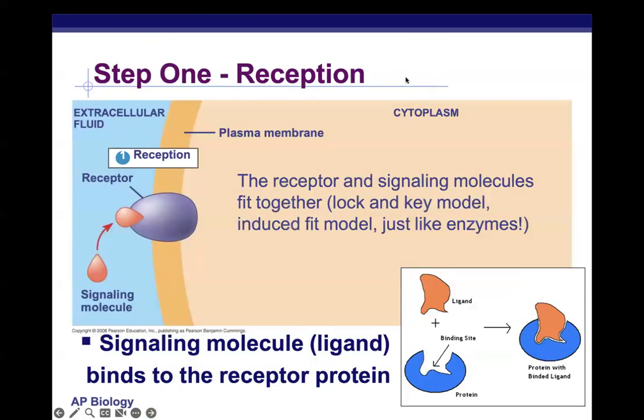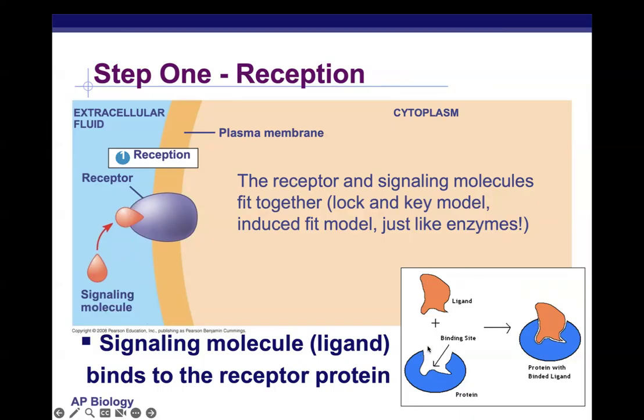So in the reception phase, our signaling molecule, which we also call a ligand, and here's that word again, ligand, binds to the cell surface receptor, just like a hand in a glove. So the signaling molecule is many times a steroid or a protein. And the receptor, just like receptor proteins we talked about in last unit, is also a protein.